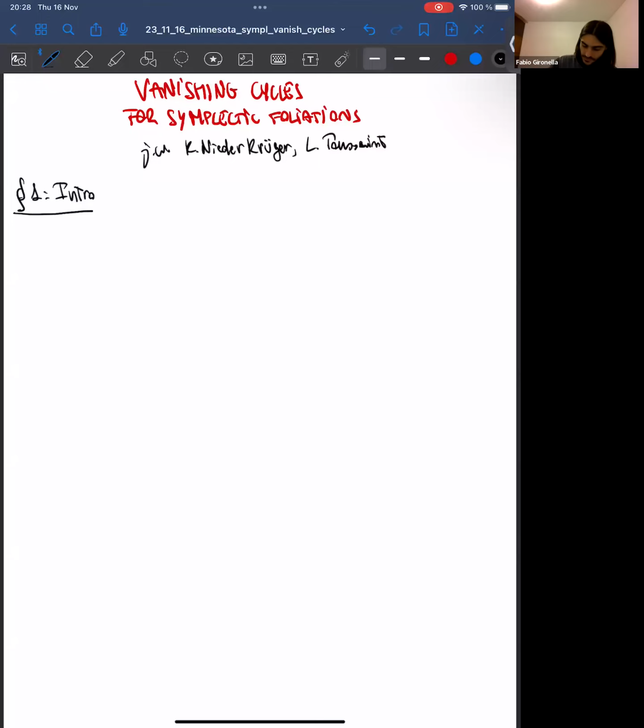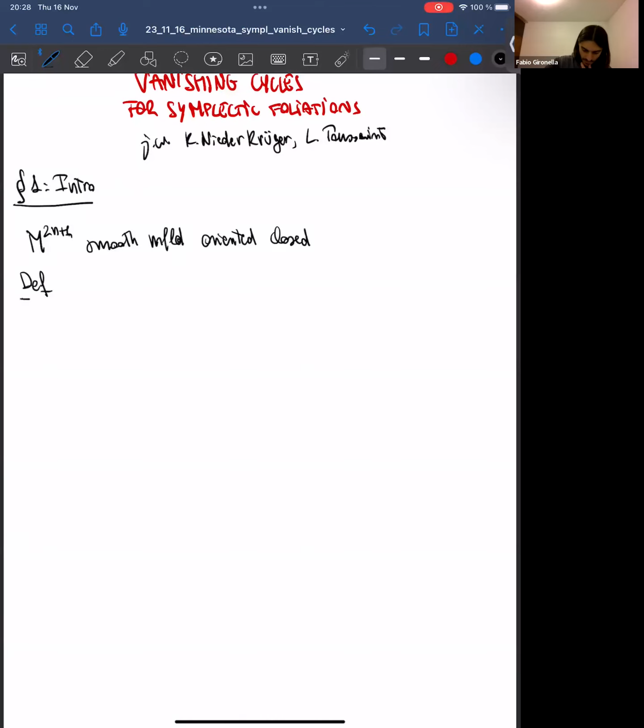Okay, so let me first start by recalling what foliations are. We always work on manifolds of odd dimension, 2n+1. This is a smooth, oriented, closed manifold. Then we look at foliations, which are hyperplane fields.